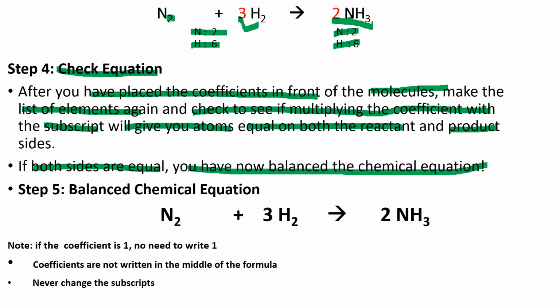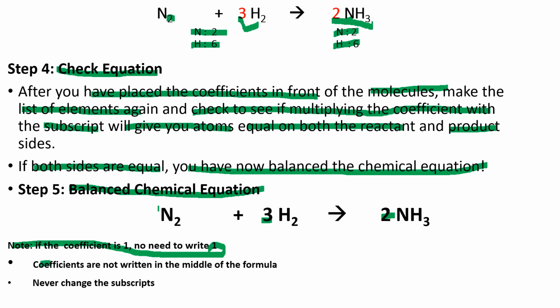As you can see, they are now equal. Therefore, we say the reaction is balanced: 1 nitrogen plus 3 hydrogen forms 2 NH3. The reaction is balanced.